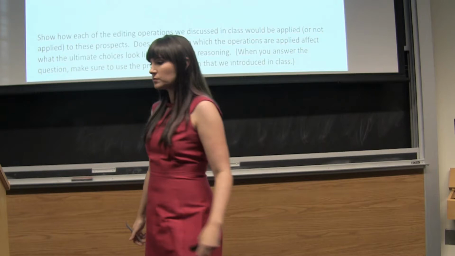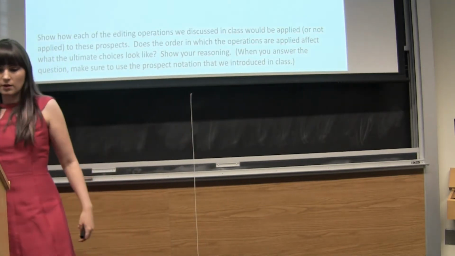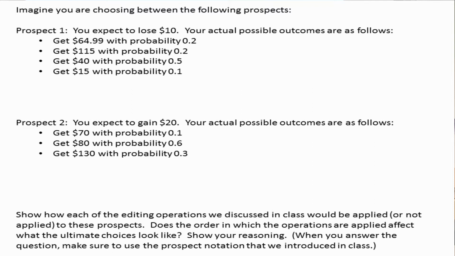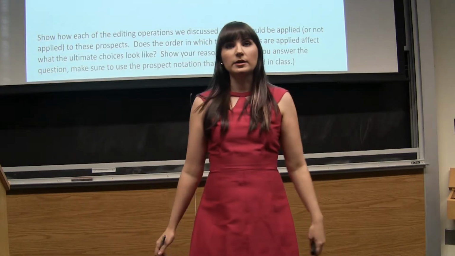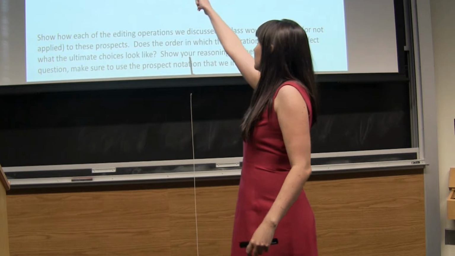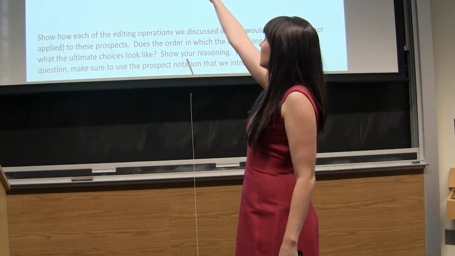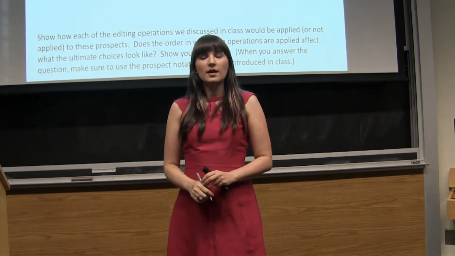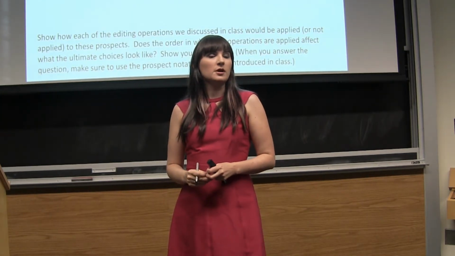Okay. So for this first prospect here, now we'll use the notation. I said, you expect to lose $10. We can talk about why that might matter. Our first potential outcome is then that we get $64.99. How would we code that as a gain or a loss?